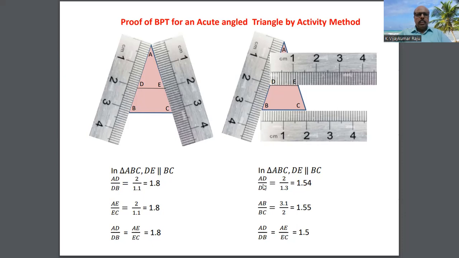So AD upon DE is 1.54. Now let us measure the length of DE and BC. DE is 1.3 and BC is 2. So AB upon BC is 1.55. So AD upon DB is equal to AE upon EC, which is 1.5.